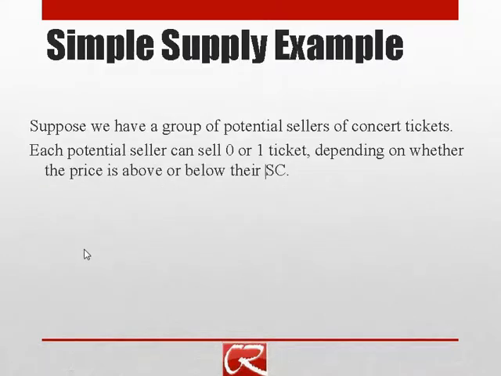So just like we had a really simple model of demand with a group of potential buyers, we're going to have a simple model of supply where we have a bunch of potential sellers of concert tickets. Each seller can either sell zero, that is, they don't sell their ticket, or they can sell one ticket, depending on whether the price is above or below their seller cost.